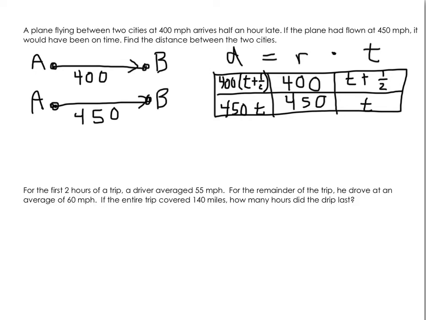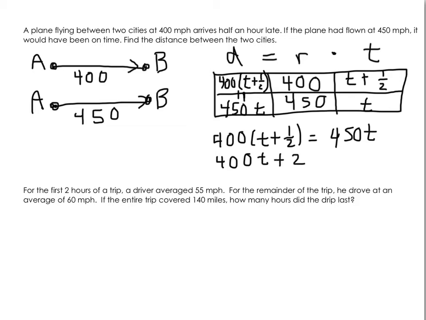So our equation is going to come from this first column in our table. Our 400 times T plus 1/2 equals 450T. So 400T plus 200 equals 450T.